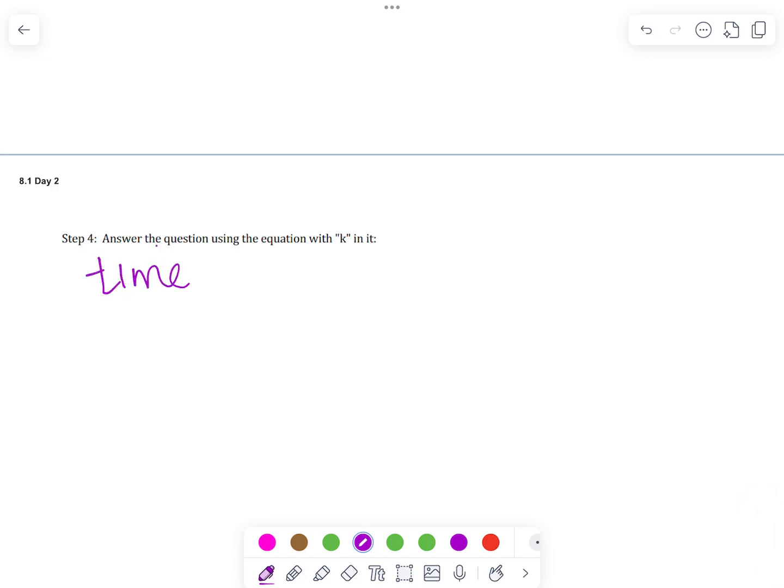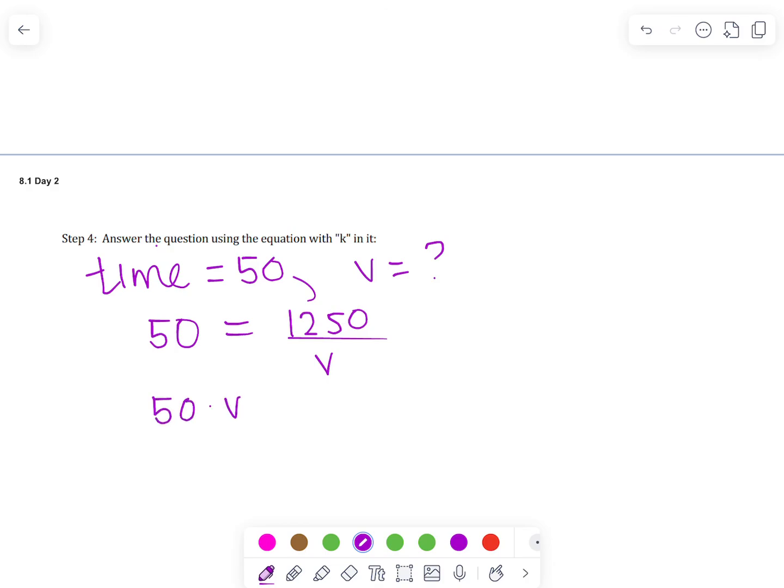So the time is 50 hours, and we need to find the number of volunteers. So the equation will be 50 goes in for time, and we solve this equation for v. First we multiply both sides by v, and then we divide both sides by 50.